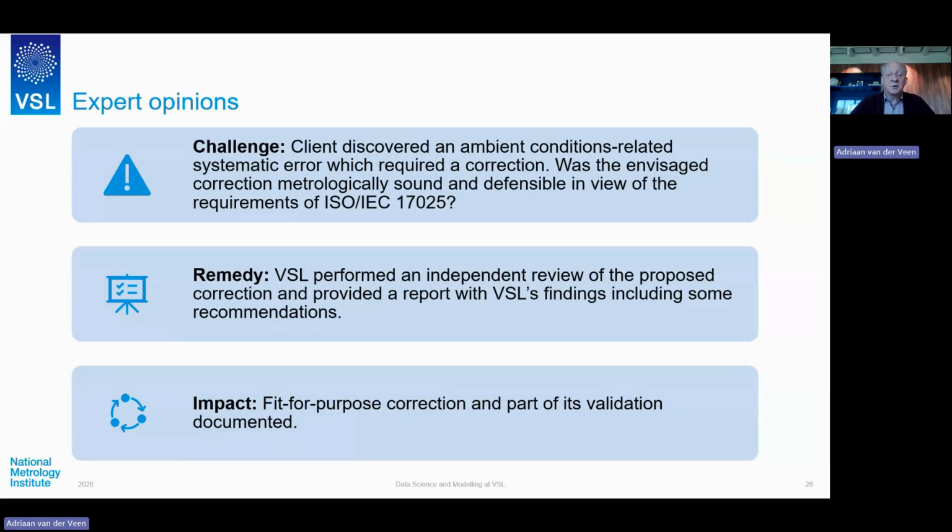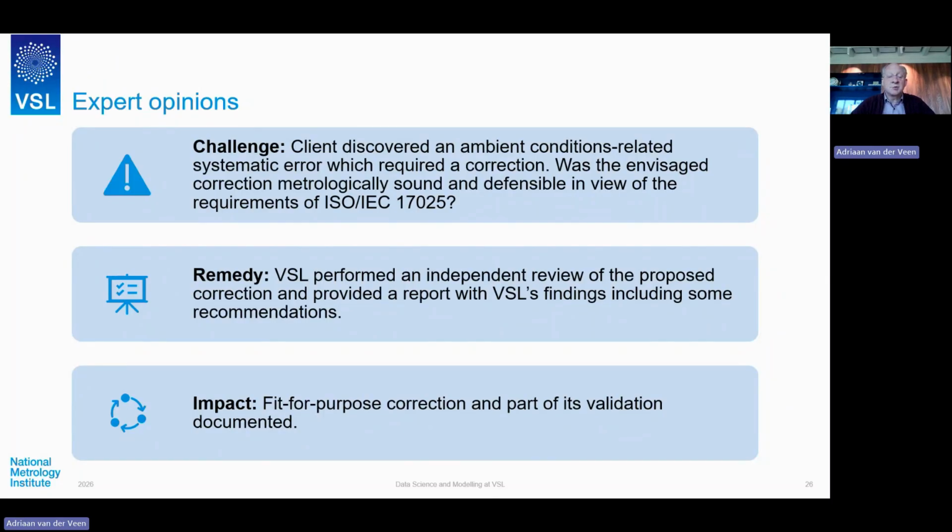We also provide expert opinions. For example, a client discovered an ambient conditions related systematic error in the measurement results, which required a correction. They came up with a proposal, but wanted to know whether that proposal was metrologically sound and defensible.